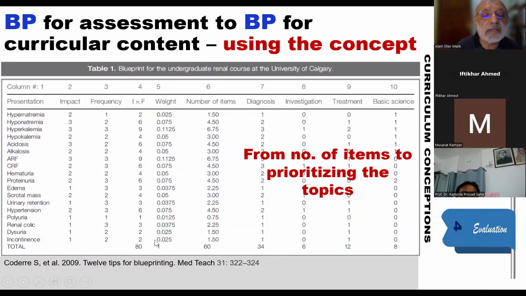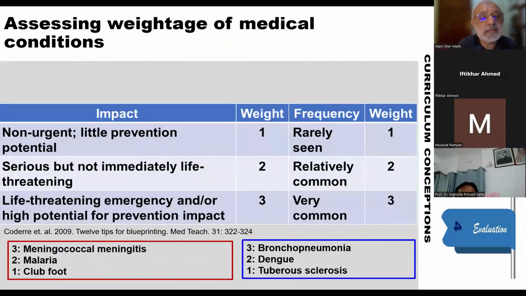So 2 divided by 80 would give the weightage, and this would be converted into number of items to be included in the examination. So if we use this concept in calculating the weightage of the content, let's look at this.